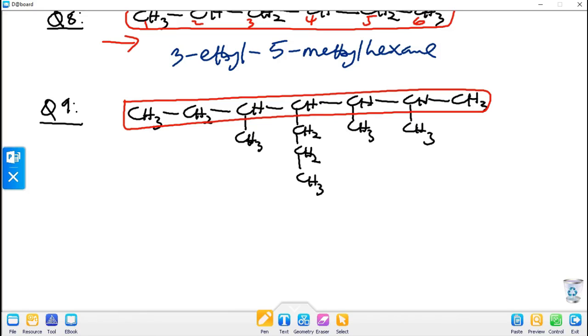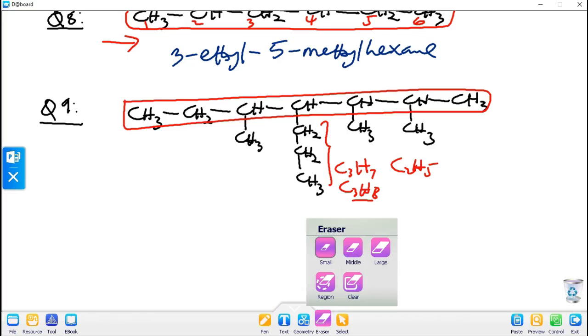That is, we have 3 methyls, and this drop down, this is C3H7. That is propyl. We've been seeing ethyl. Ethyl is C2H5. Now we are seeing C3H7. This ought to be C3H8, but because there is the loss of 1 hydrogen atom, it is going to be propyl, not propane.